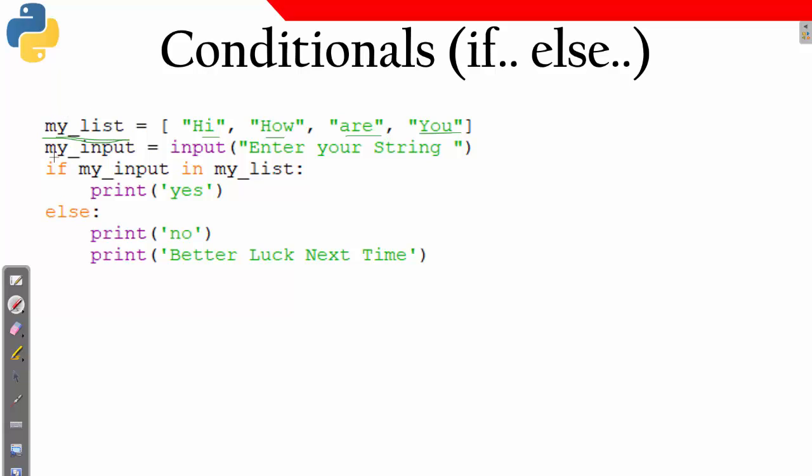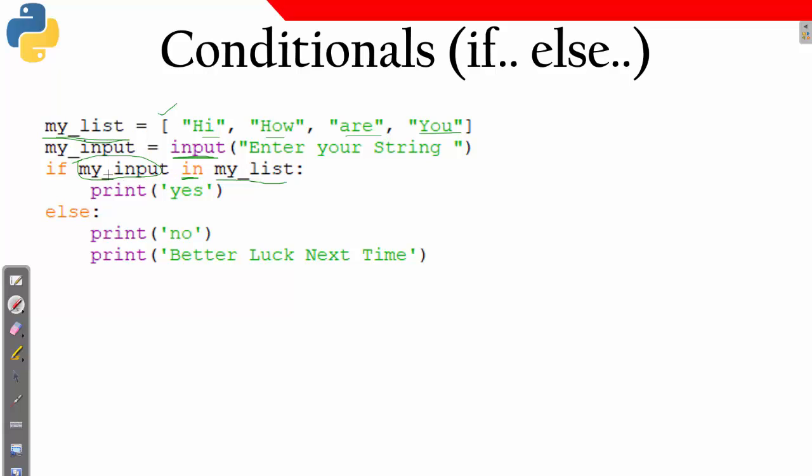Now what I am doing is taking an input. When I say whether my input is in the list, the in keyword will check whether this value exists in the list or not.